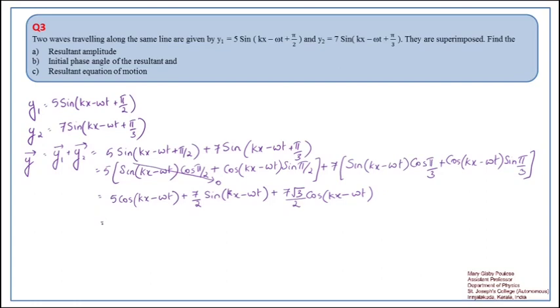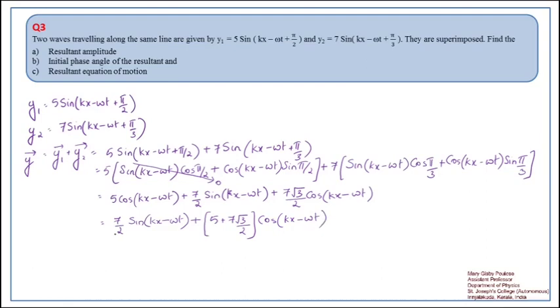Now let us write together the sine and cosine terms. Taking the sine terms together, I have 7/2 sin(kx − ωt) + (5 + 7 root 3/2) cos(kx − ωt).